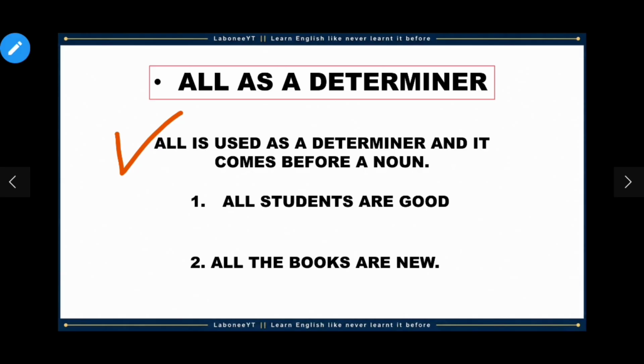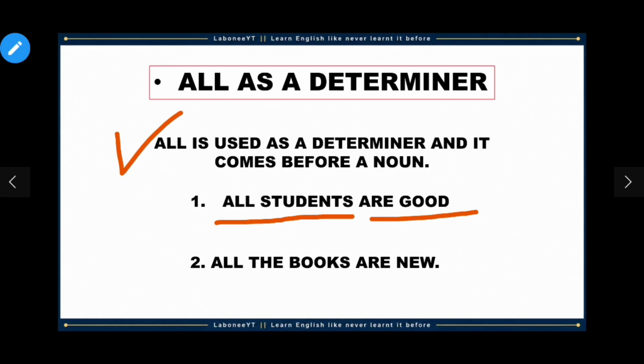For example, if we say all students are good. So we know we use a determiner before a noun. And here all is used before a noun, that is students, the plural form of student.